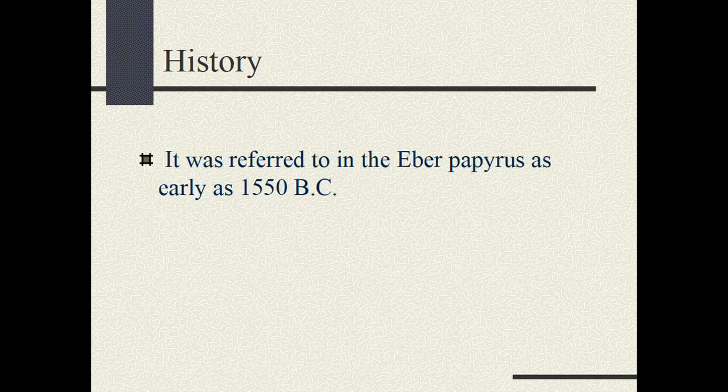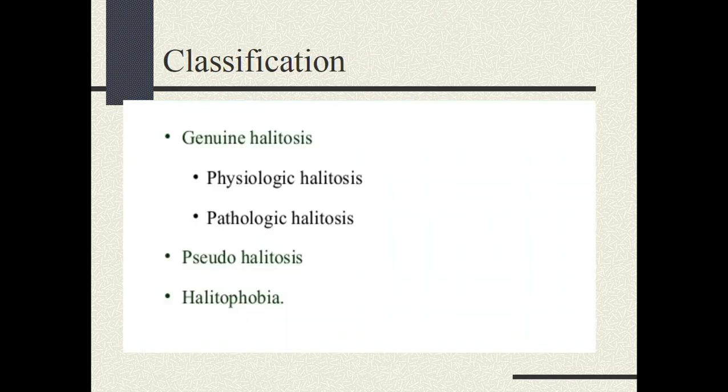History: it dates back to the Ebers Papyrus, which is near about 15,000 years old, written in 15,000 BC. Classification is given here on the screen: genuine halitosis, physiologic halitosis, pathologic, pseudohalitosis and halitophobia.